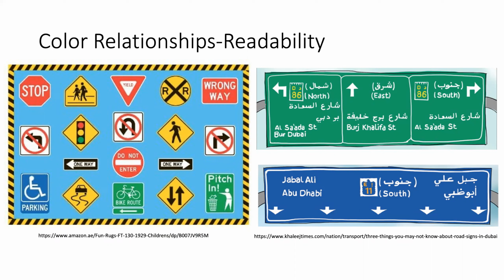They need to be seen to keep people safe. And there have been a lot of studies, and generally the most readable colors for letters and things like that, okay, are white on blue and white on green.